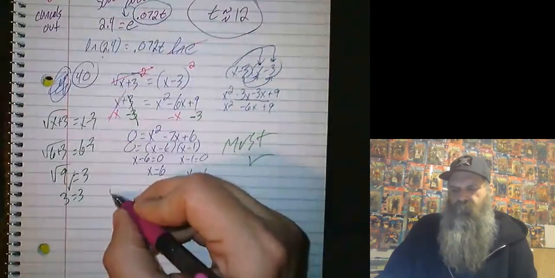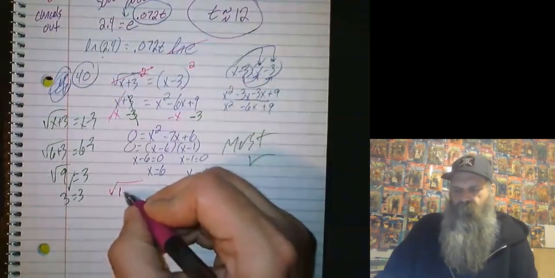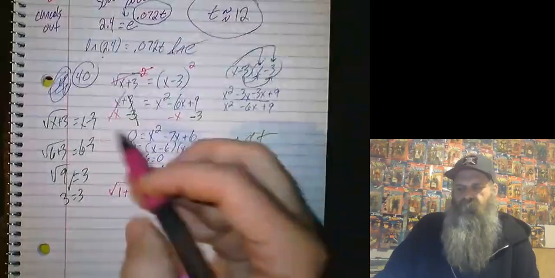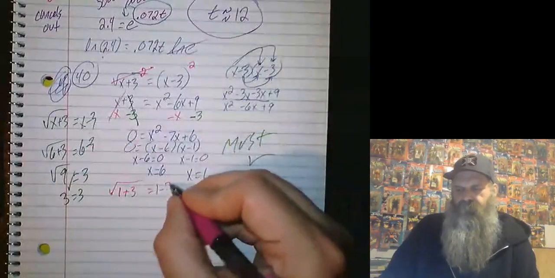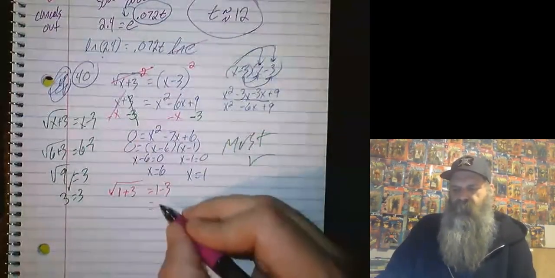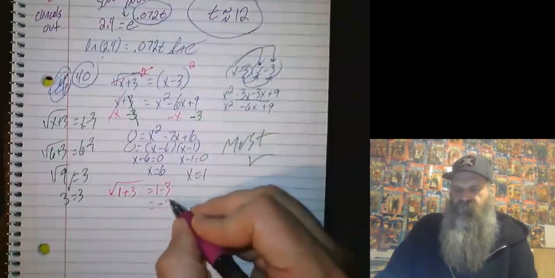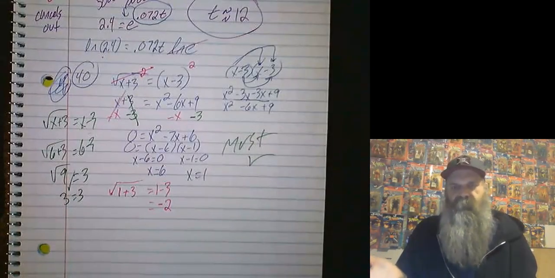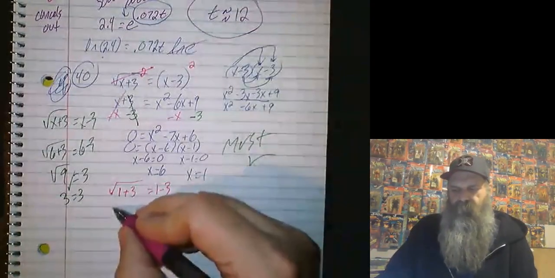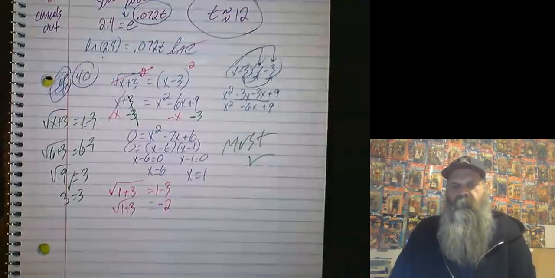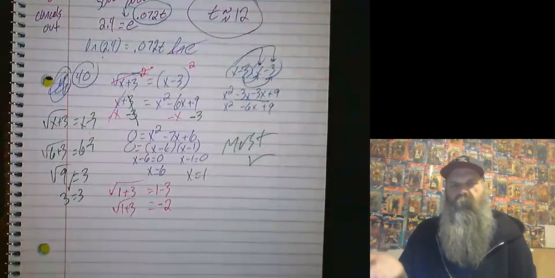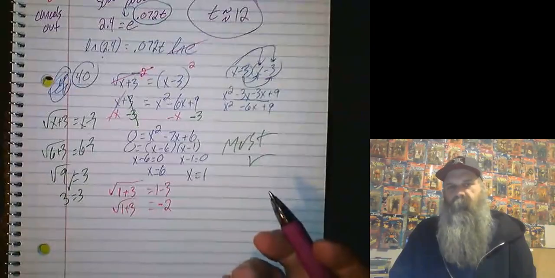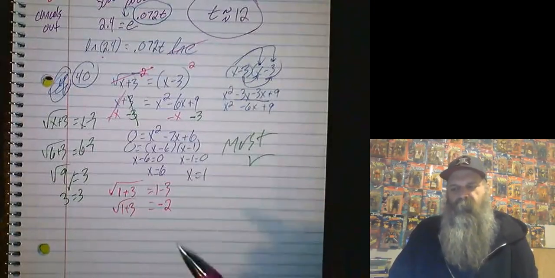So let's plug in 1. The square root of 1 plus 3. I'm just going back to the original and replacing this x with 1. 1 minus 3 is negative 2. You can actually stop right here. A square root cannot equal a negative number. Even the square root of a negative would equal an imaginary number.